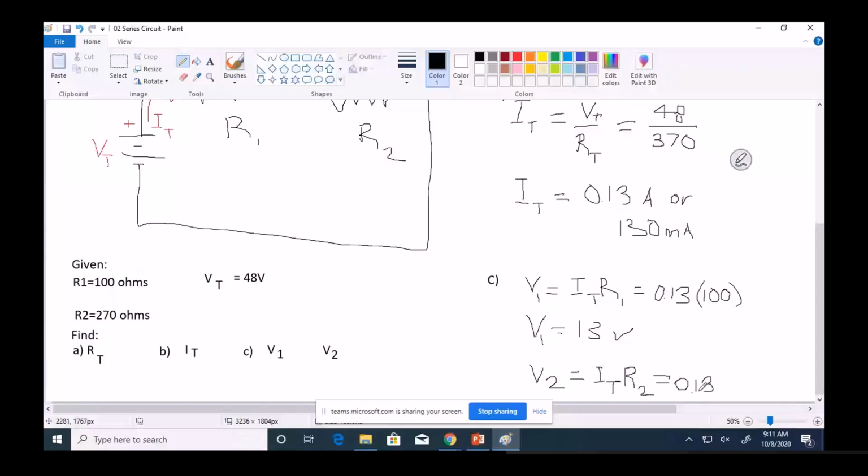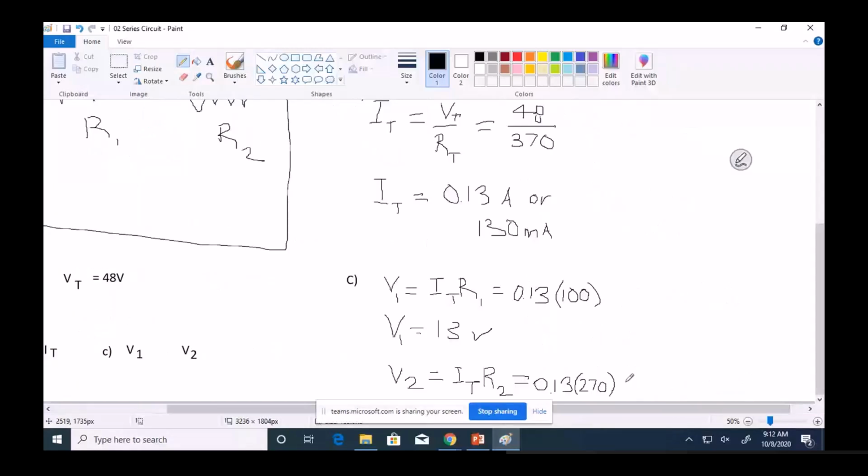But our R2 is there in the given, 270. Tell me the answer. What's the answer? Anybody? It's 35.1. Okay. This is 12.9 plus 35.1.